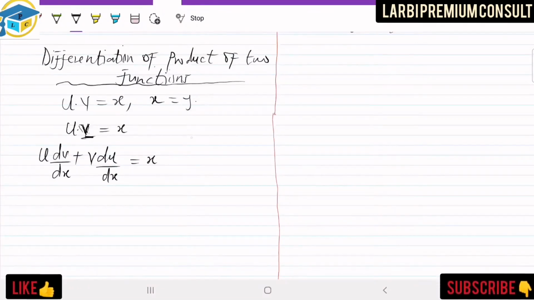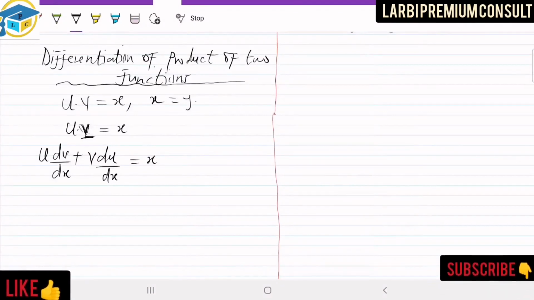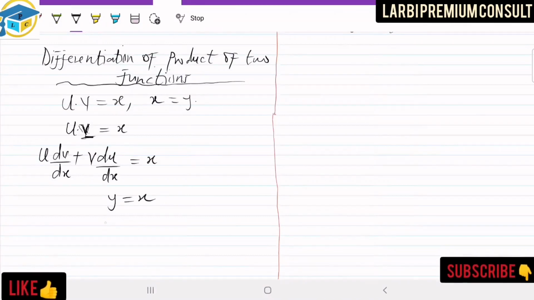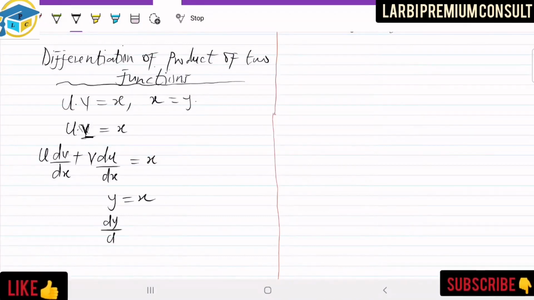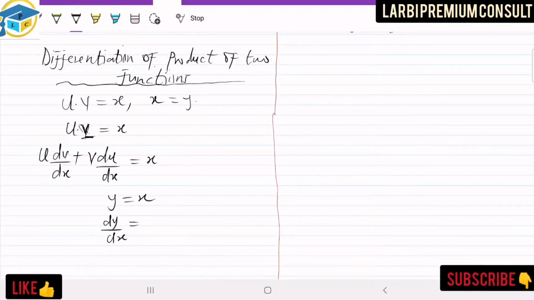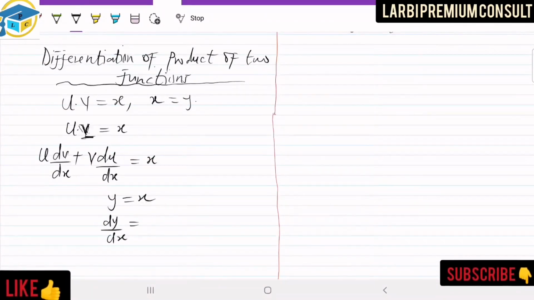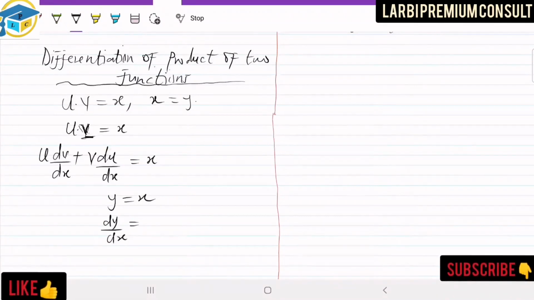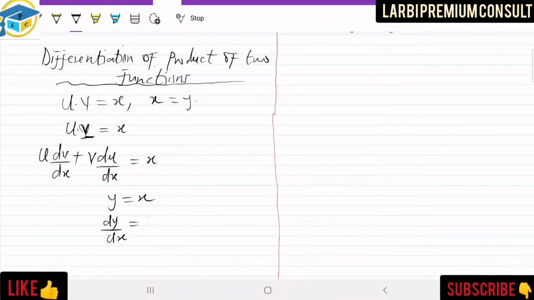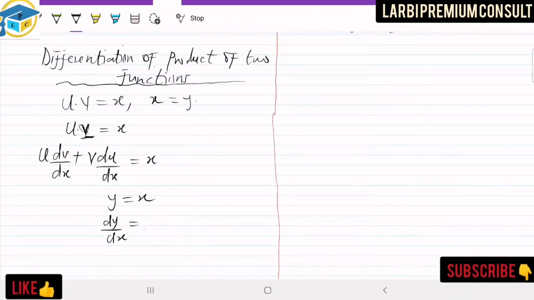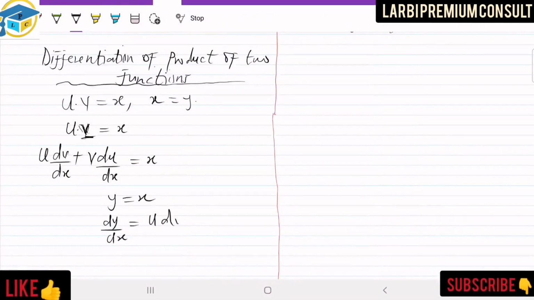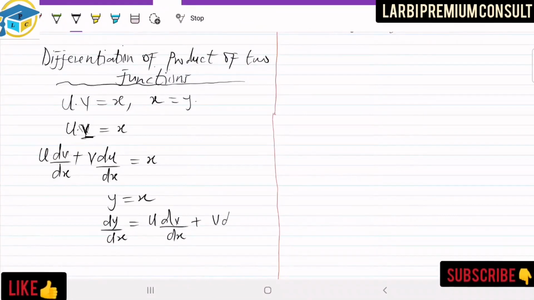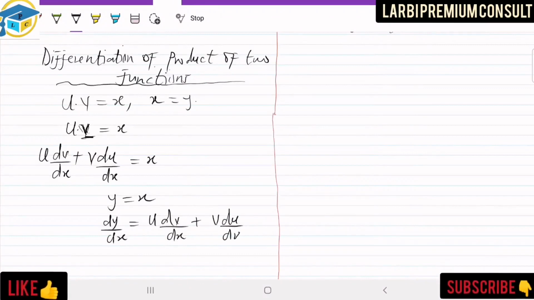So therefore, we can conclude that if I also want to differentiate y, which is equal to uv, I can say that my dy over dx is going to be u dv over dx plus v du over dx.